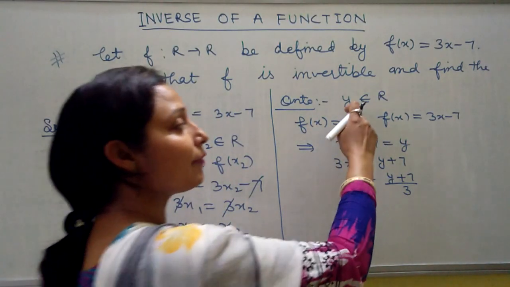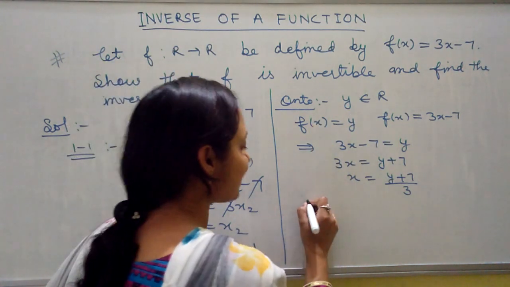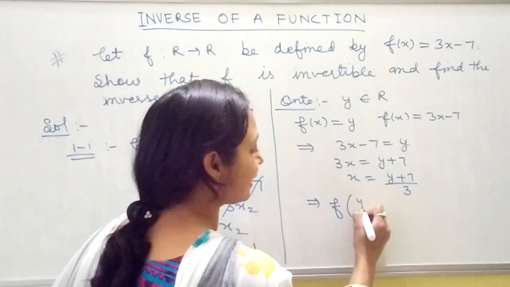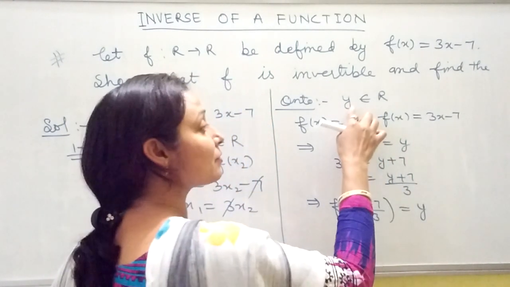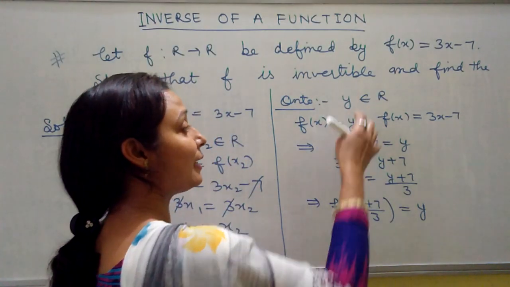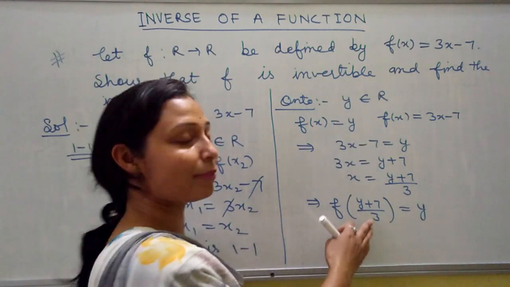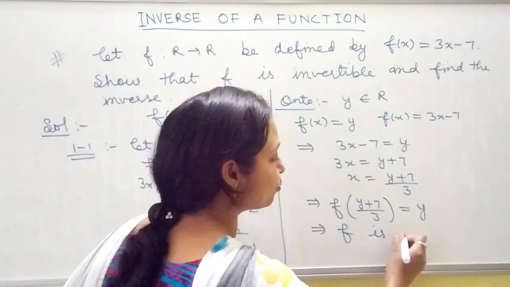I choose a number y, and there is a pre-image in the form of y. This implies f of (y plus 7)/3 = y. I choose this y, and its pre-image is also present. That means f is onto.